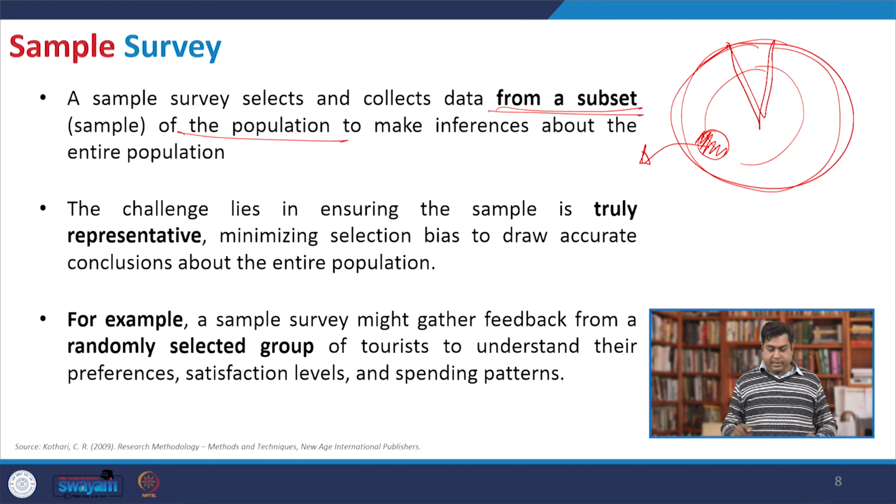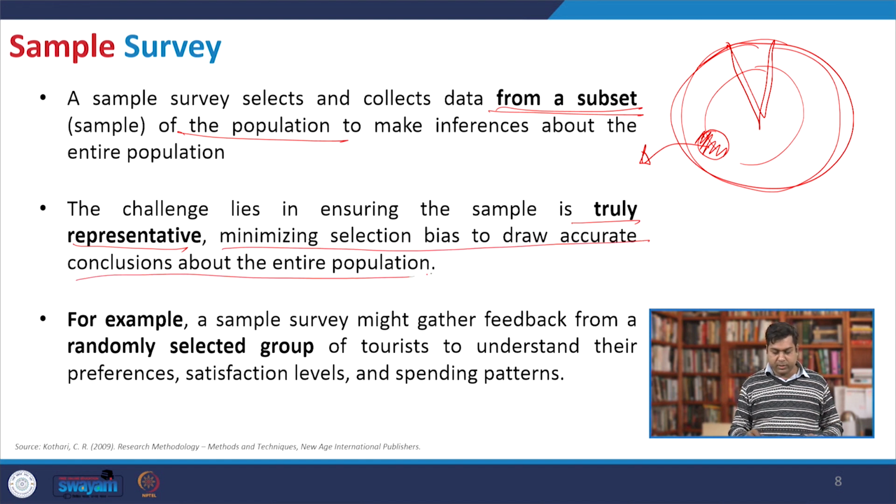The challenge lies in ensuring the sample is truly representative, minimizing selection bias to draw accurate conclusions, which normally we can get from the total population. Depending on the sampling strategy, probabilistic sampling can give a better representation than non-probabilistic, judgmental, or purposive sampling. We will discuss all this sampling in detail in our coming lectures.